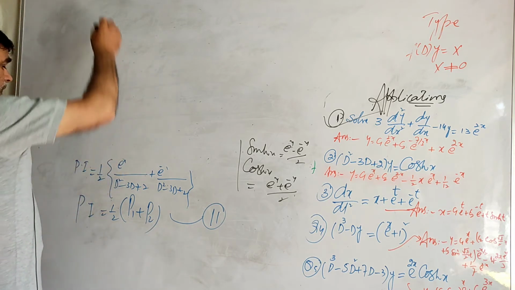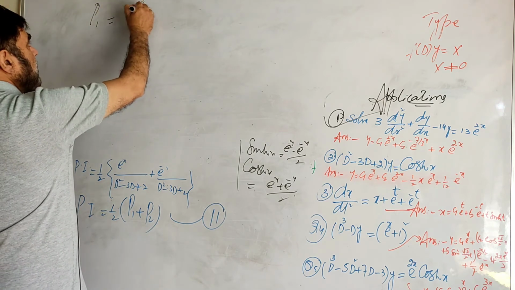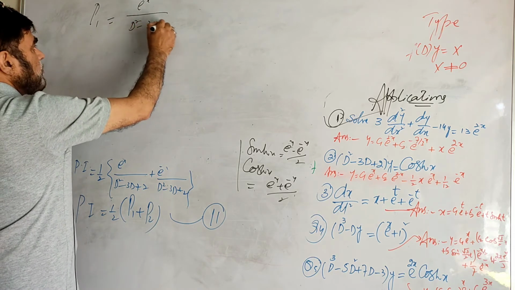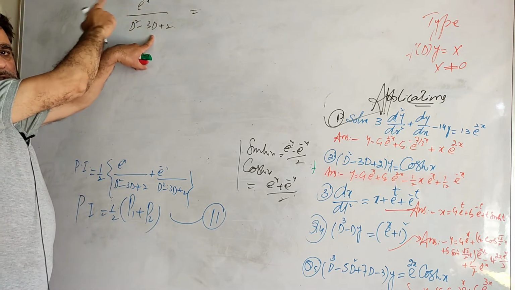Now p1 is the particular function e raised to power x by d square minus 3d plus 2. The coefficient of x in the exponential is 1.